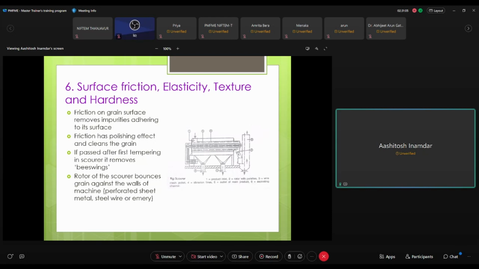Perforated metal sheet will remove somewhere around 0.4 to 0.5% of the outermost layer at the maximum. Steel wire can go up to 0.6 to 0.7. With emery, you can go up to any extent, but of course, the emery requires very high power consumption. So this is based on your need. You have to choose this machine or this particular way of putting the sheets.